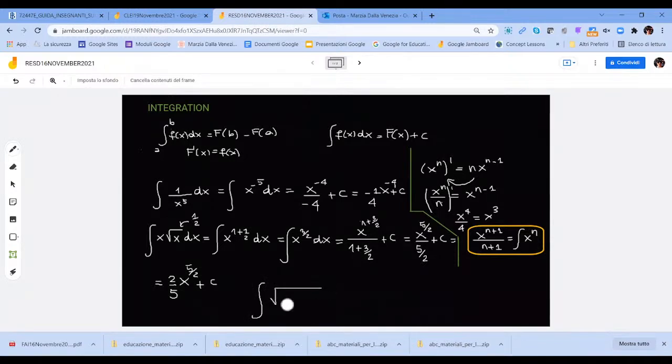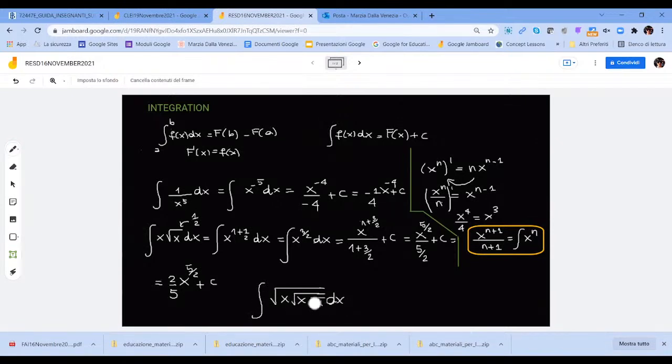This one. Let's do one more, so you don't be afraid of this amount of square roots.